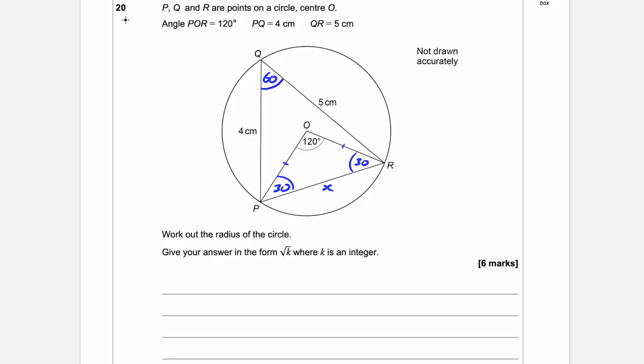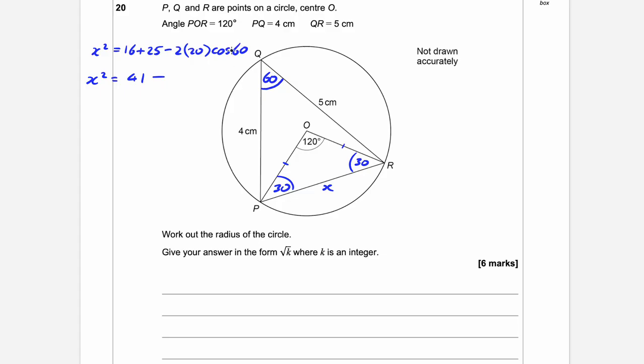I will do it up here. X squared, guys, obviously you're going to do it down there, but just so you can see. X squared is equal to 4 squared, 16, plus 5 squared, 25, minus 2 times 4 times 5, which is 20, times cos 60. X squared equals 16 plus 25 is 41, minus 20 times cos 60.